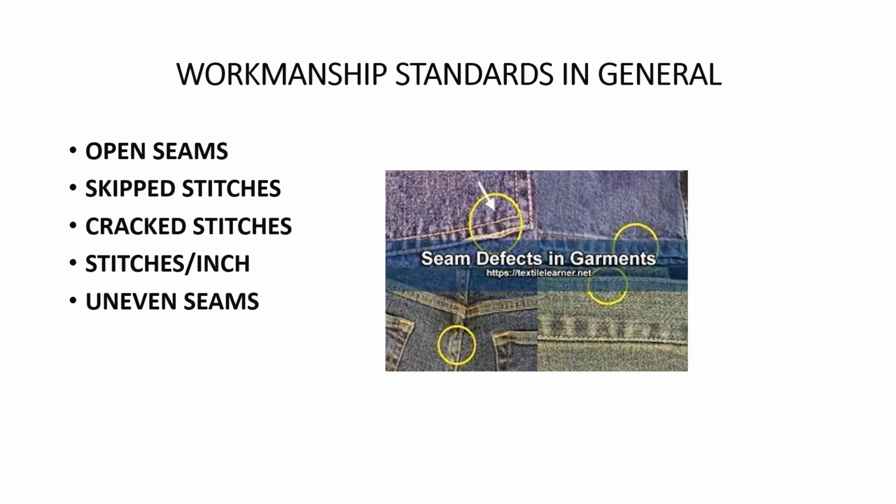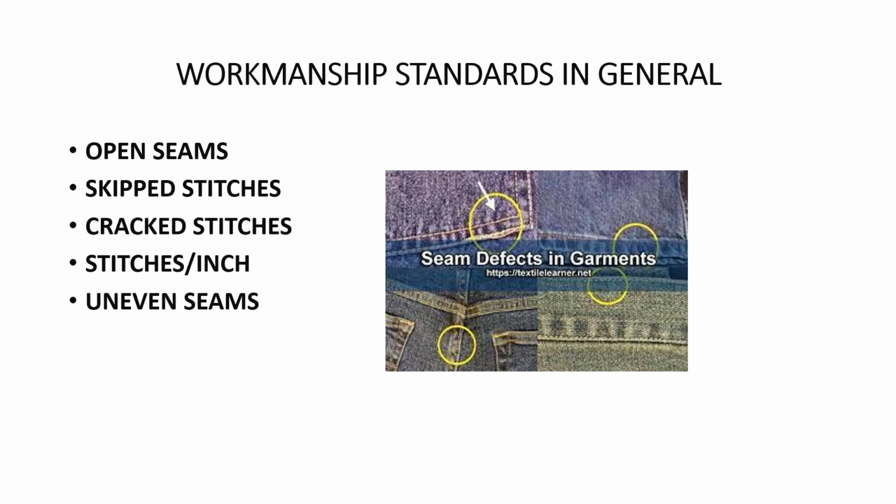So seam defects will be there in the garment, and if it is crossing a particular limit, then we must say that the workmanship of this particular garment is not good. Some inevitable stitching defect may come, but if it comes continuously, then it is a problem for that garment industry.